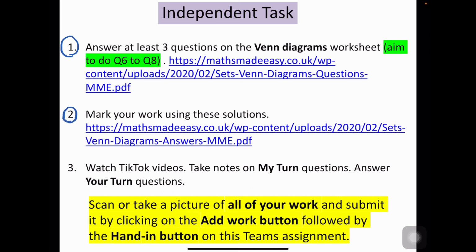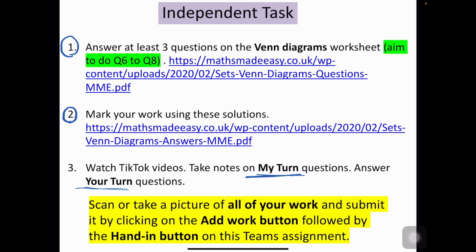And also, I would like you to watch the TikTok videos accessible through the links in the remote learning assignment on Teams. Take notes when I am going through the my turn questions and answer the your turn questions. You'll have to pause the videos several times, and you can just do that by clicking on the screen.